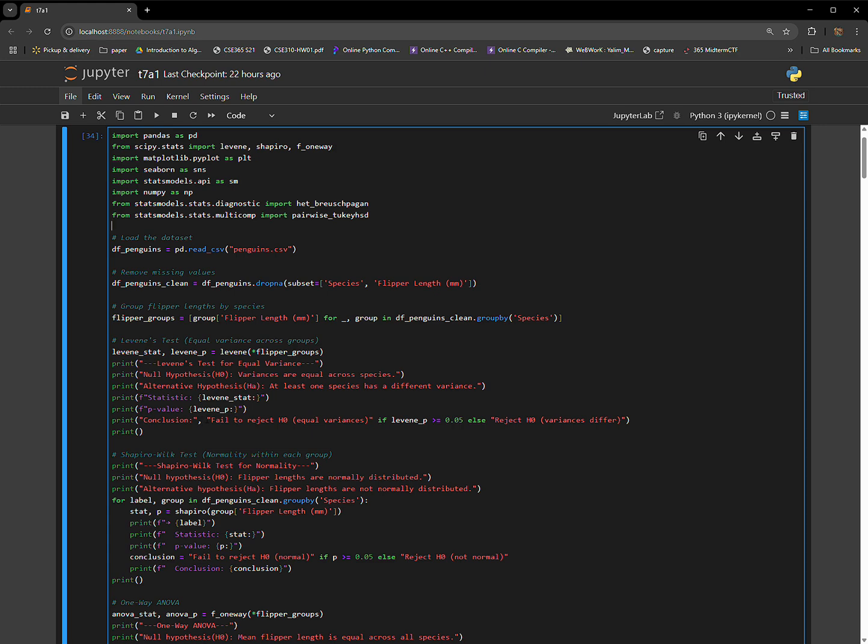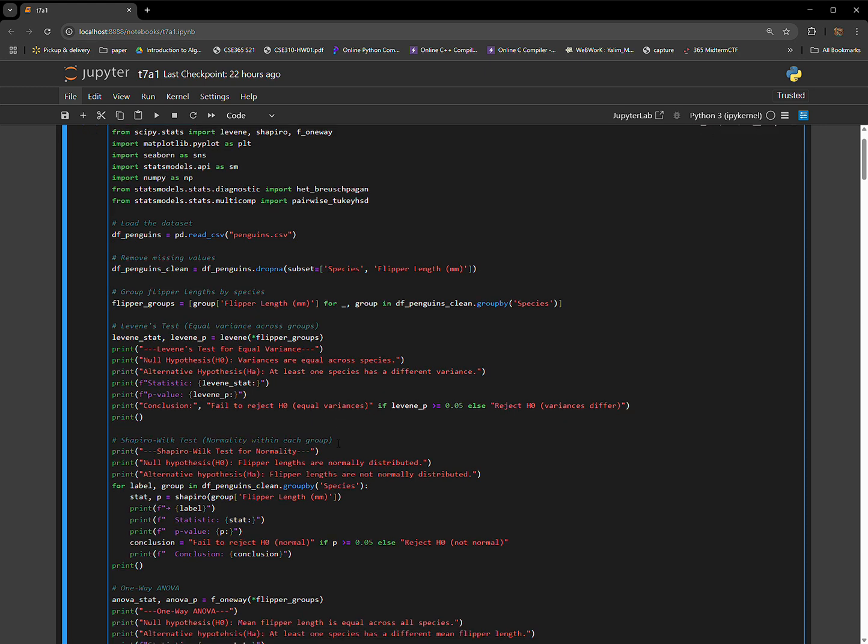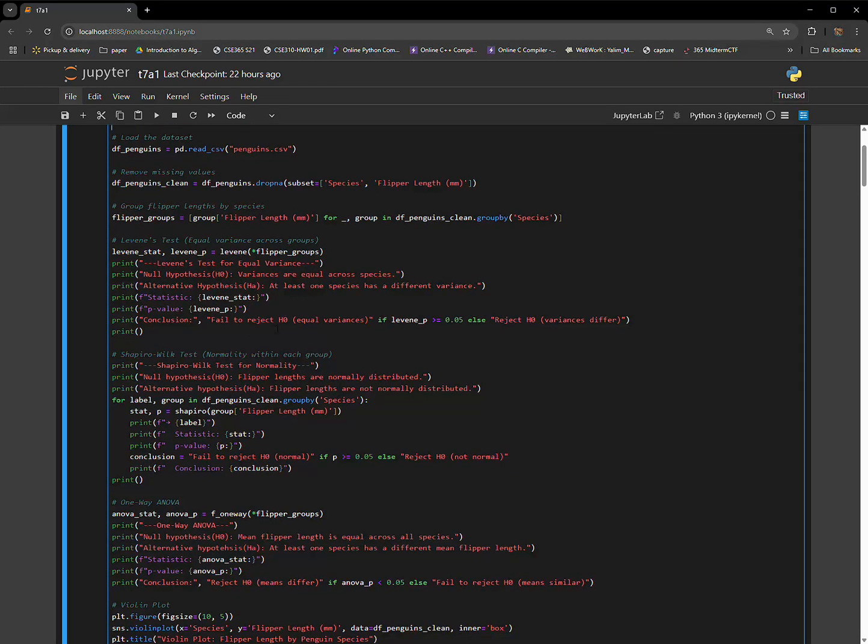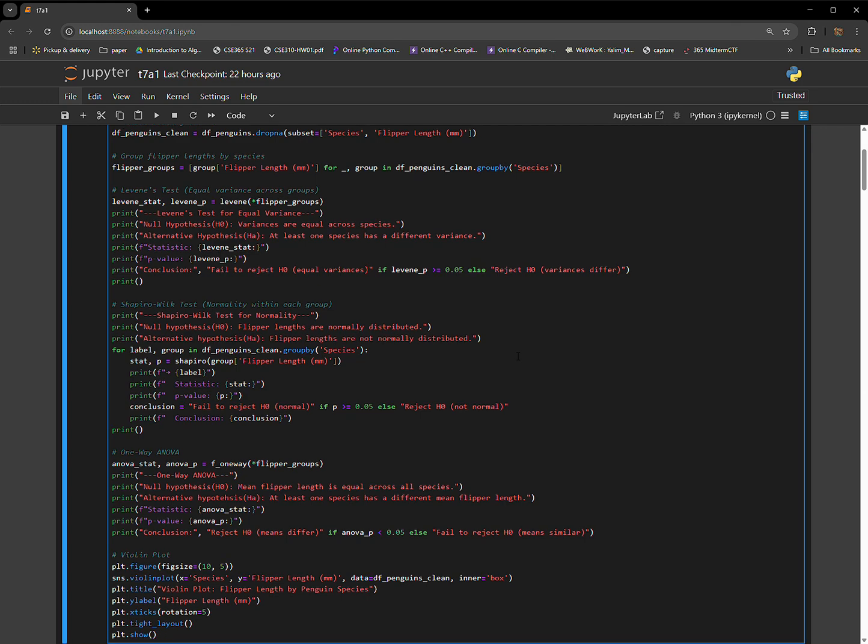So I did the Levene's test, and based on those results, we either fail to reject the null hypothesis that the variances are equal across the species, or we reject the null hypothesis, meaning at least one of the species has a different variance.